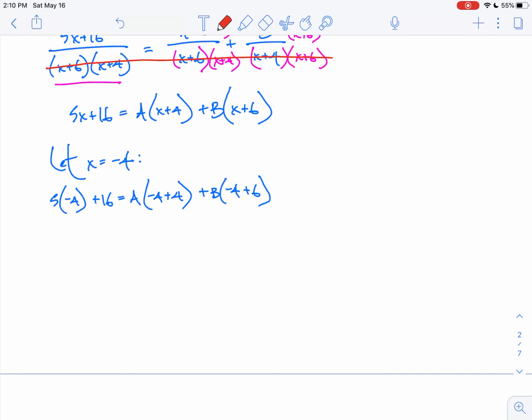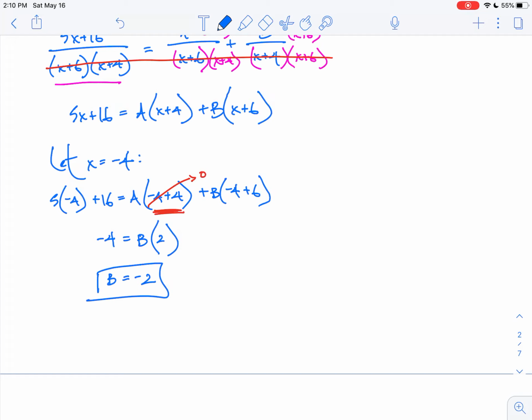Some things didn't look like they changed a whole lot, but some things went to 0. And that's really nice because now the a is going to go away in the equation. And so that's going to leave me with, on the right-hand side, b times negative 4 plus 6 is 2. On the left-hand side, we have negative 20 plus 16 is negative 4. So we get a b value of negative 2.